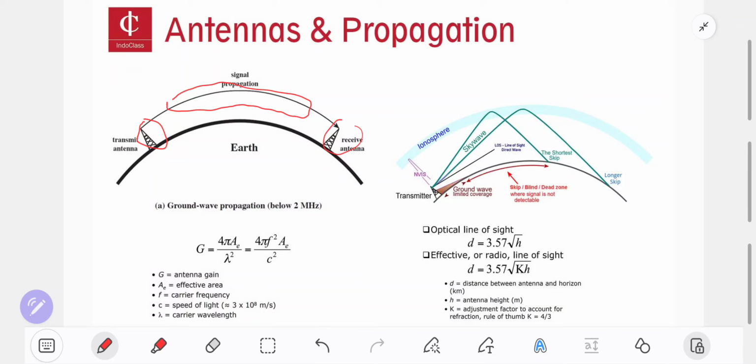Whereas propagation of mechanical wave, for example, is the voice of a human that can propagate in air.